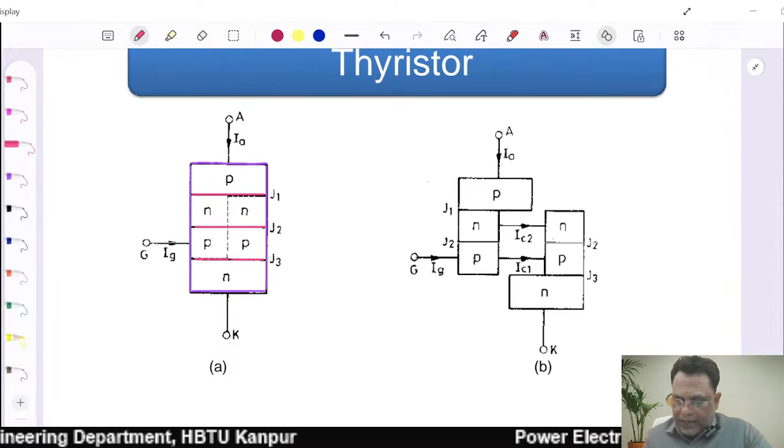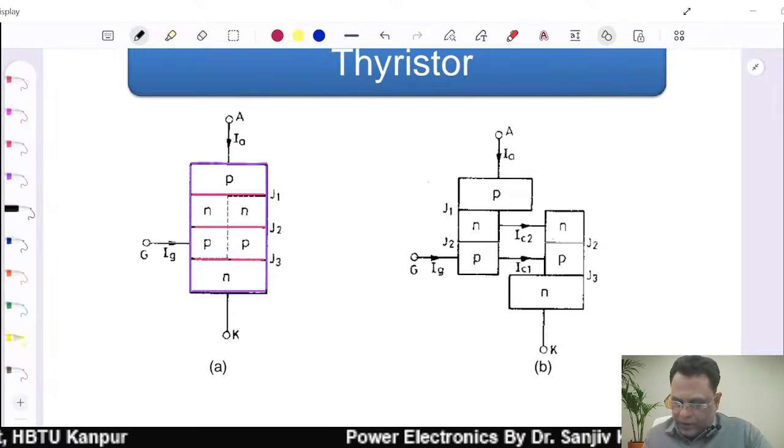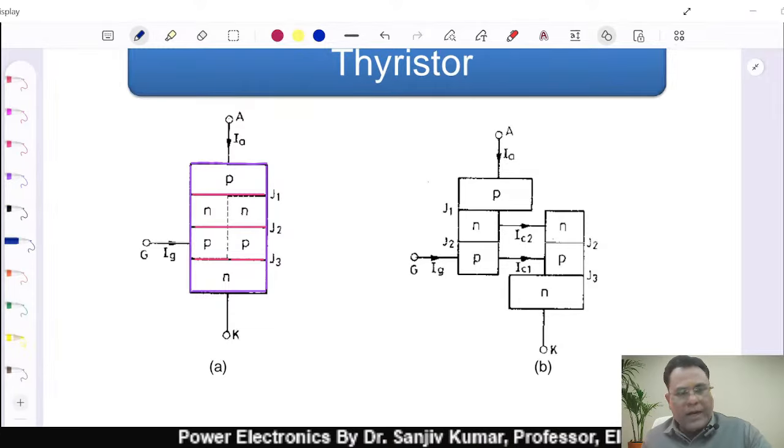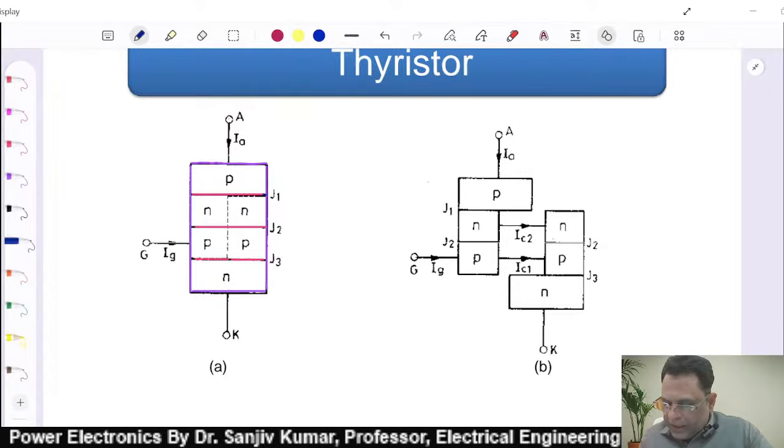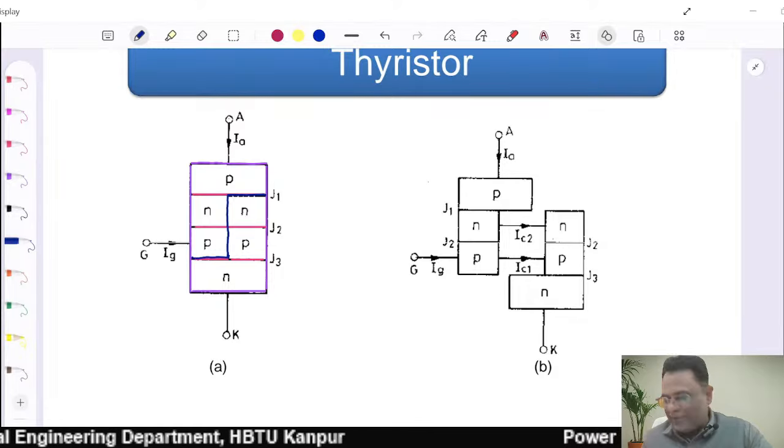Now I simply cut it, just for understanding. It is not that I am actually going to cut this into two parts.